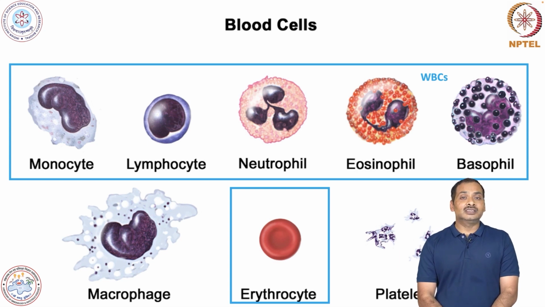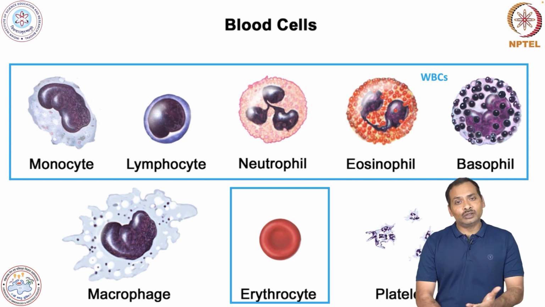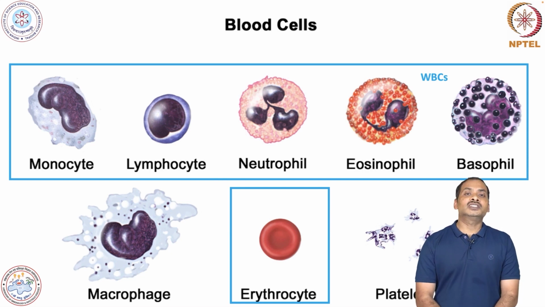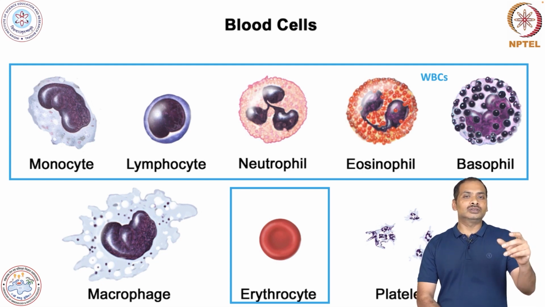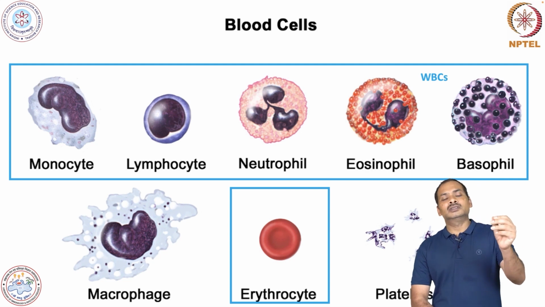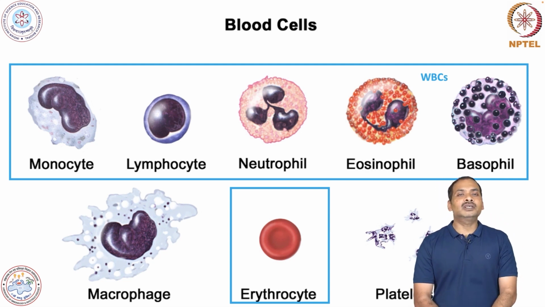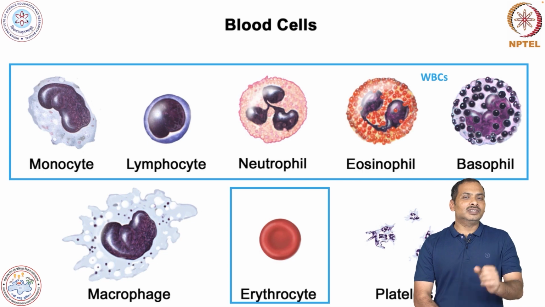Another reason is that this biconcave structure can very well fit in the capillaries. Okay. So, you know that there is an artery, a bigger artery, and then eventually there will be arterioles, and then they will form capillaries, and capillaries have very little space. Okay.